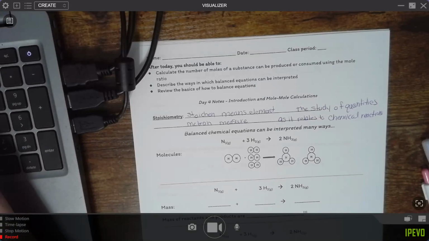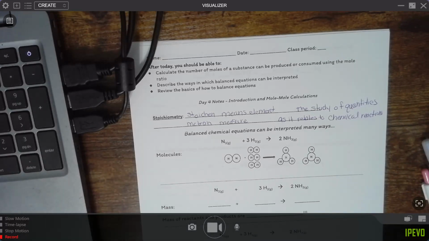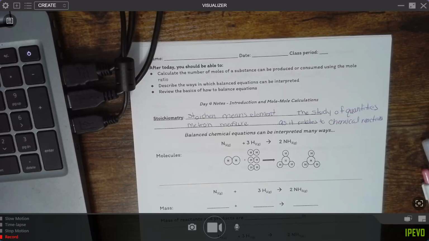We drew these pictures in the last unit where we drew the element symbols and we counted them this way when we were balancing. So you might say that we have one molecule of N2 combined with 3 H2 molecules, and that produces 2 NH3 molecules. That's kind of what we've talked about in the past.